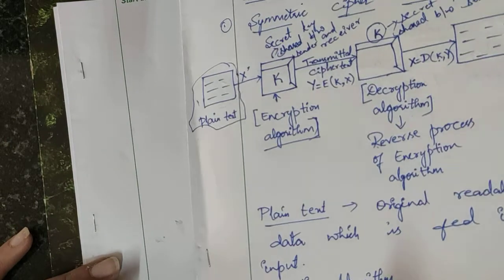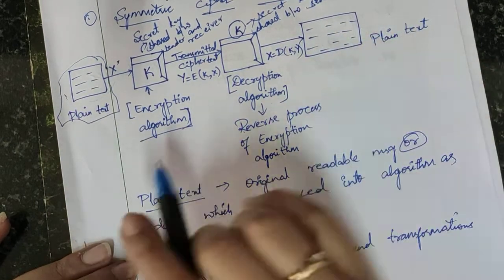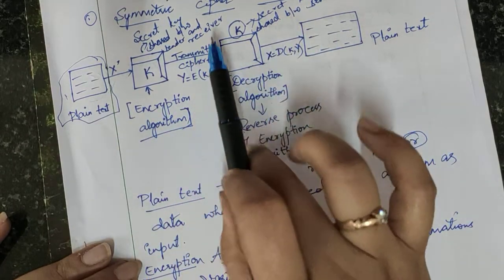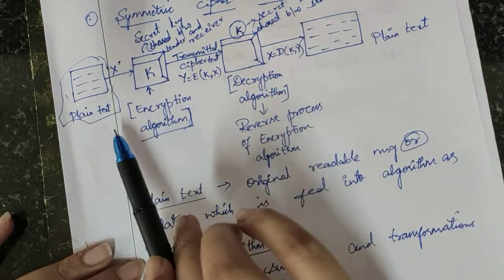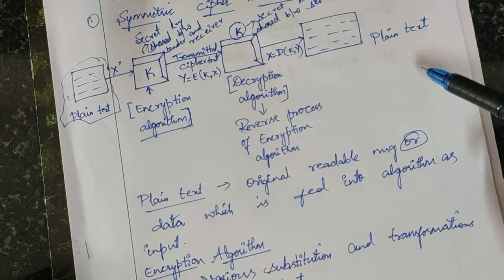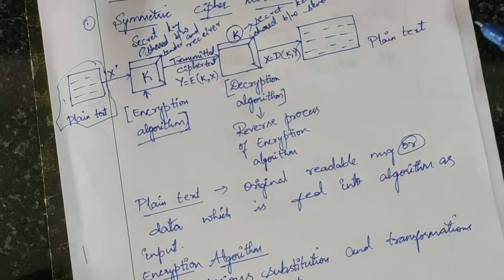So we have seen the symmetric cipher model and the process involved in it, and we discussed some of the important terminologies in this process, right?